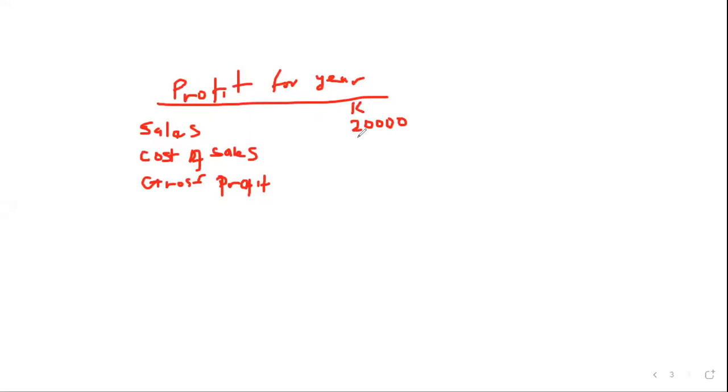The cost of sales 10,000. So we subtract, and when we subtract, we are going to have 10,000 as our gross profit.